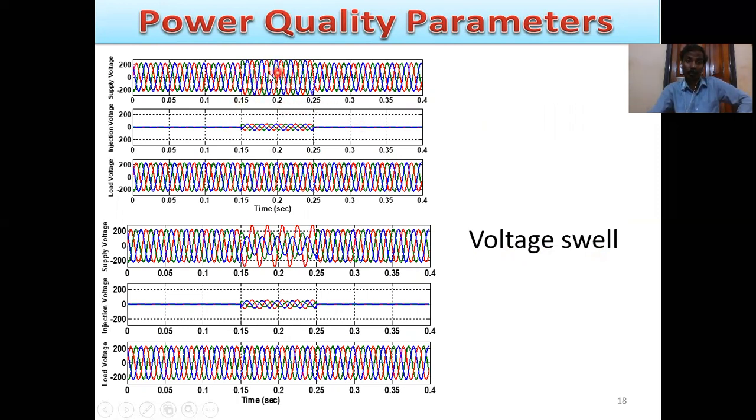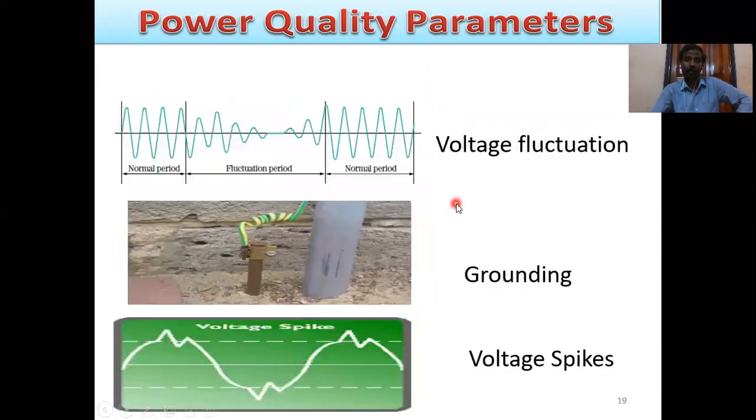In this position the voltage magnitude is high, and this is balanced voltage swell. And in this section, 0.15 to 0.25, unbalanced voltage swell.